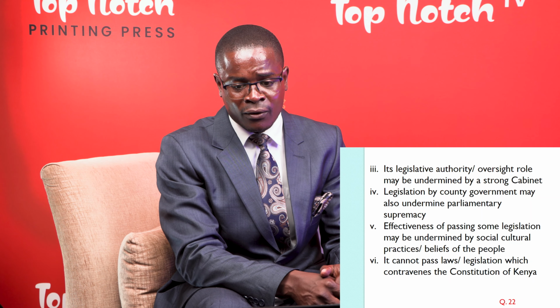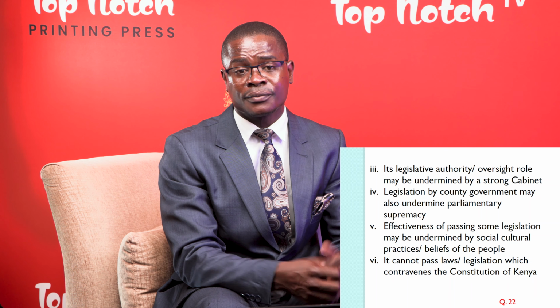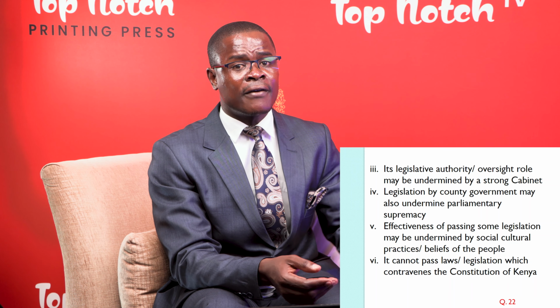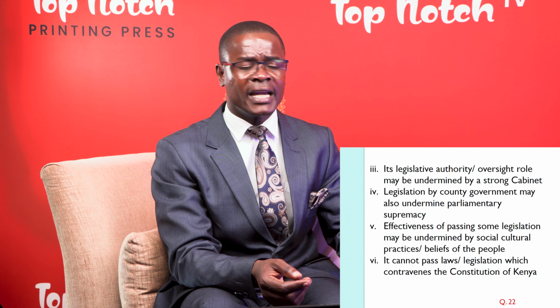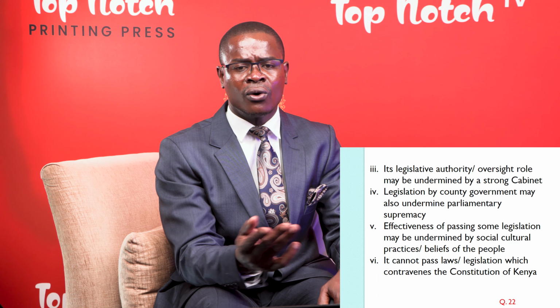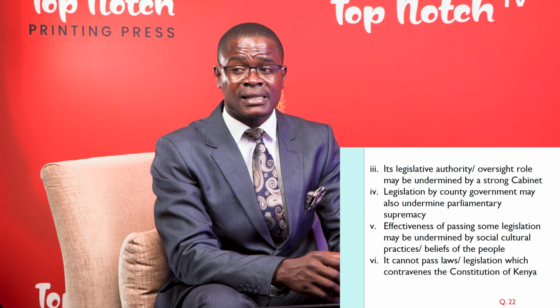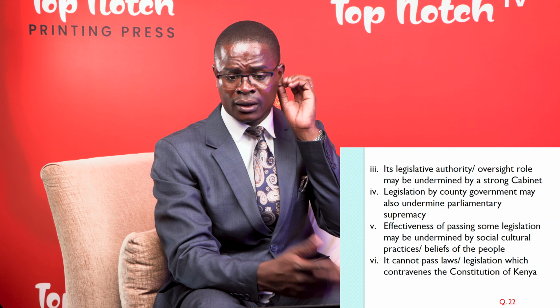Then its legislative authority or oversight role may be undermined by a strong cabinet. You have a very powerful cabinet that can influence issues, that can influence how laws are made. That also limits parliamentary supremacy.